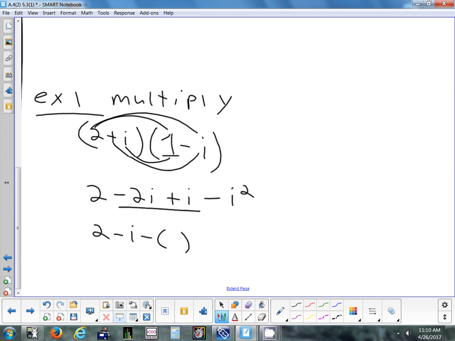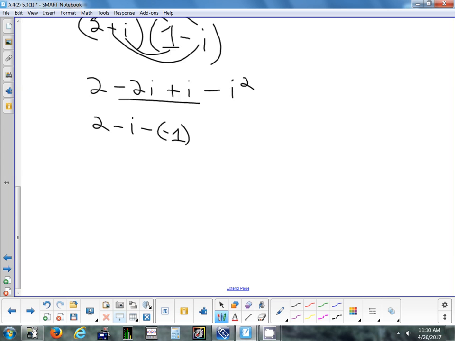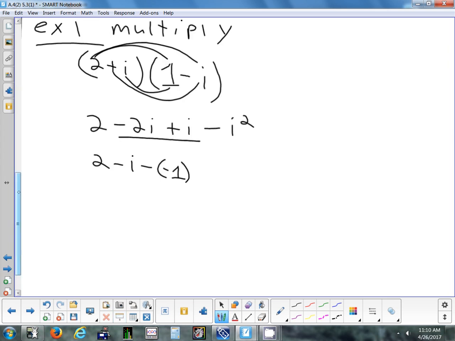And now this part at the end, it's minus i squared. But what did we say earlier i squared is? -1. So I'm going to change i squared to -1. Okay. And how about Kelsey? What's going to happen here now when I subtract -1?